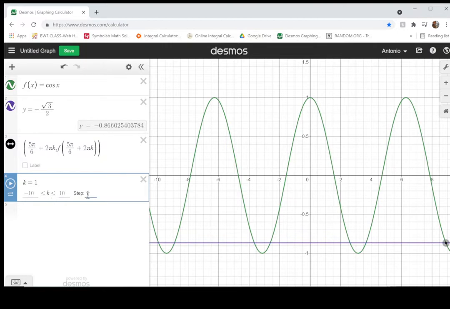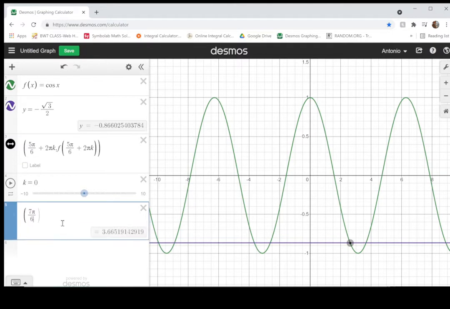We can see here when k is 0, we get 5 pi over 6. Okay, now let's plug in the other one. The other solution we got was 7 pi over 6 plus 2 pi k, and the function value evaluated there.